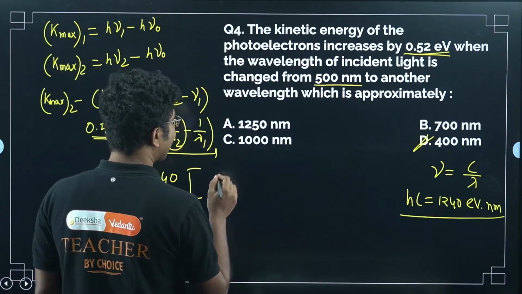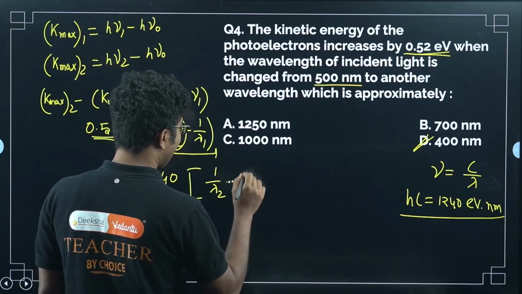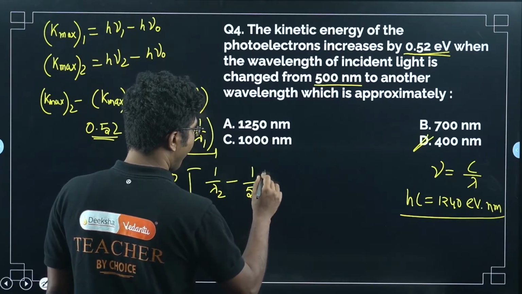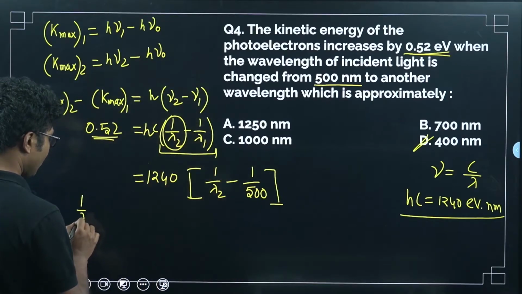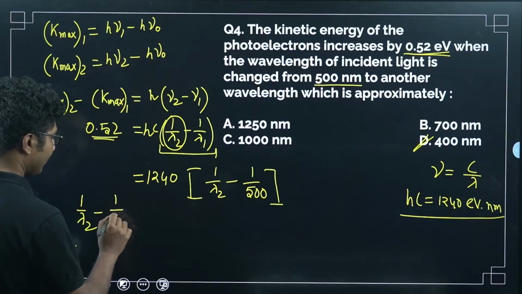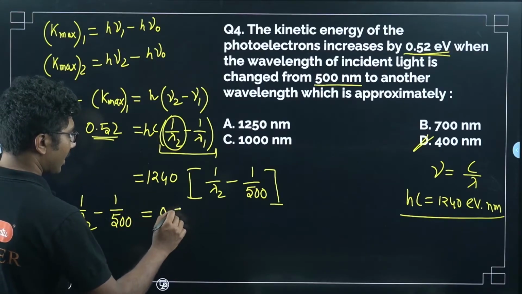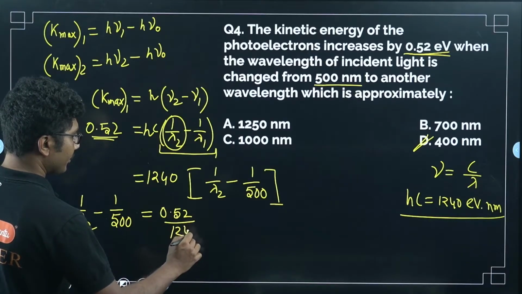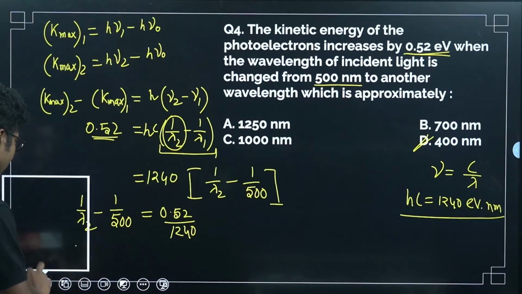Now what is 1 by lambda 2? We don't know. What is 1 by lambda 1? 1 by lambda 1 is 1 by 500. Or you can write this as 1 by lambda 2 minus 1 by 500 equals 0.52 divided by 1240. Now this is not so easy a calculation.